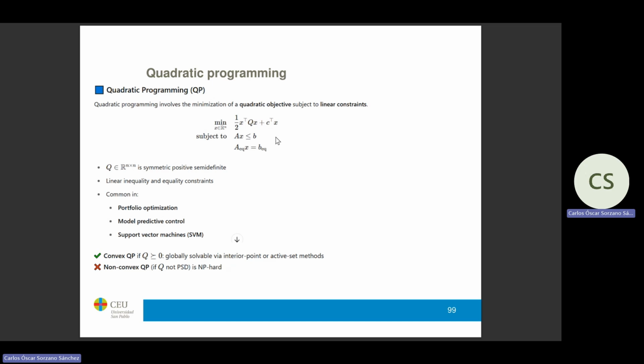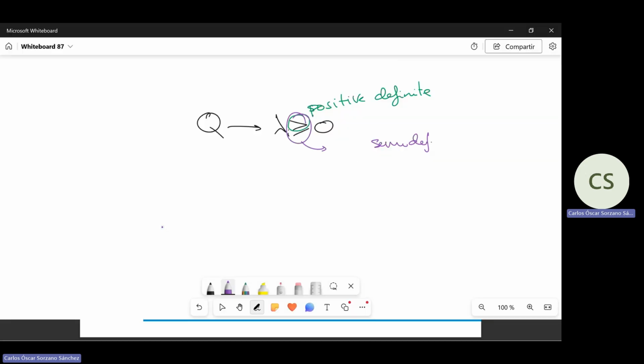So minimizing variance, you have these quadratic terms. Support vector machines, have you studied support vector machines? Yeah. There you also have a quadratic programming problem. In model predictive control we have a system.